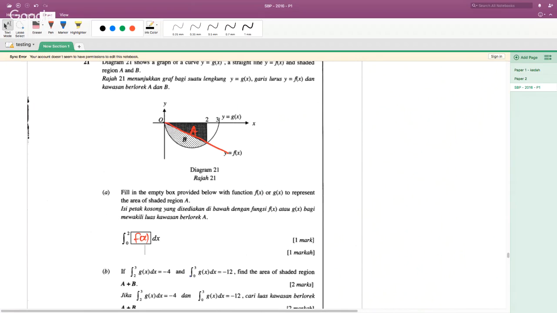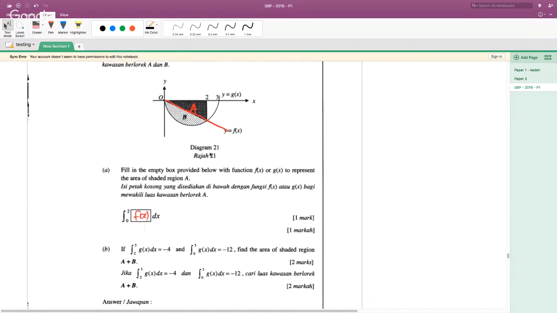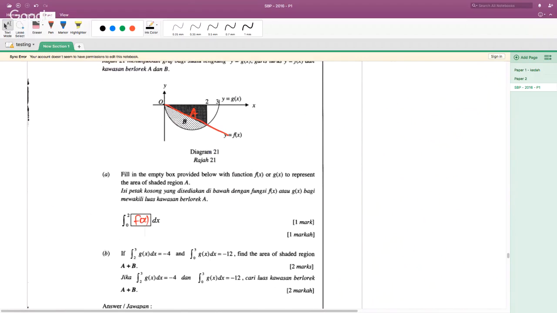All right, because if you integrate g(x), you actually get A plus B. If you integrate g(x) from 2 to 3, you get -4. That means this area, integrating g(x) from 2 to 3, you get -4.